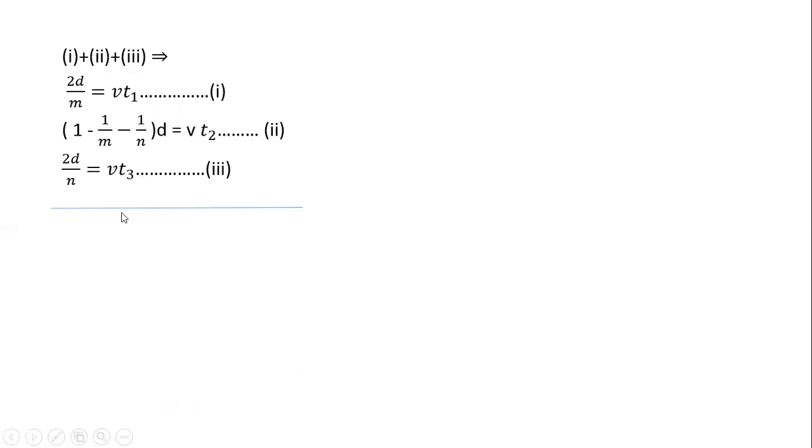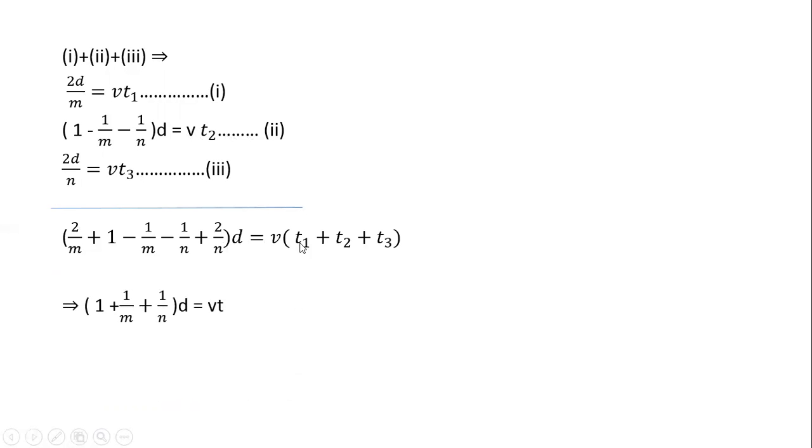After adding, we get 2 by m plus 1 minus 1 by m minus 1 by n plus 2 by n into d equal to v into t1 plus t2 plus t3. From this, after calculation, we get 1 plus 1 by m plus 1 by n into d equal to vt, because t1 plus t2 plus t3 equal to t.